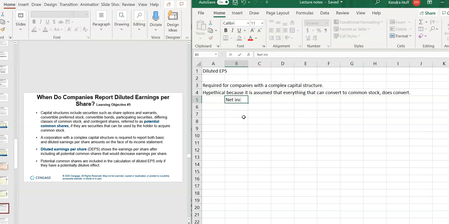And then net income, preferred stock dividends, and common stock outstanding are adjusted as required. All right, a diluted earnings per share will always be less than basic.